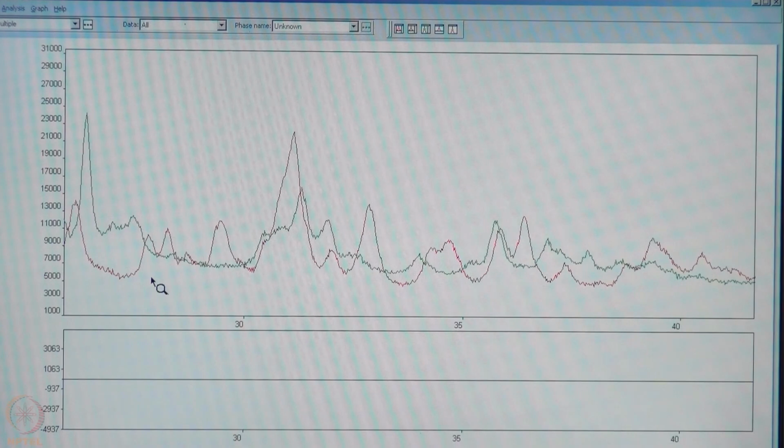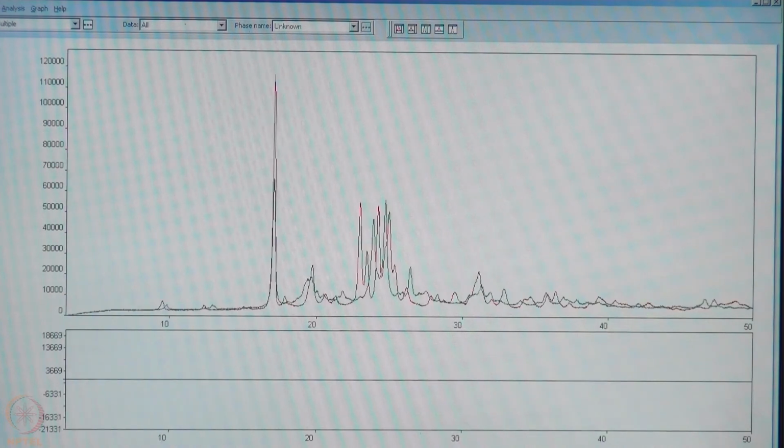Of course, if the sample is completely different, then the two patterns can be different. They are not polymorphs. So we need to have prior information about the origin of the sample.